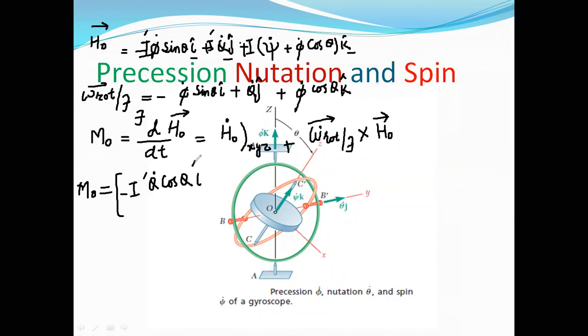This is I cap, plus then I prime again. Then the derivative of theta dot will be theta double dot along j cap. Then we have plus psi dot; the derivative of psi dot will be psi double dot, plus phi dot cos theta.